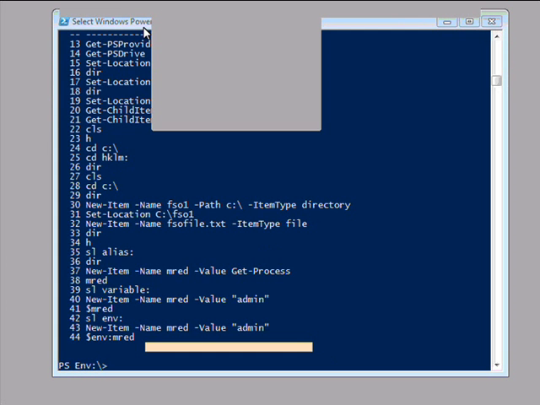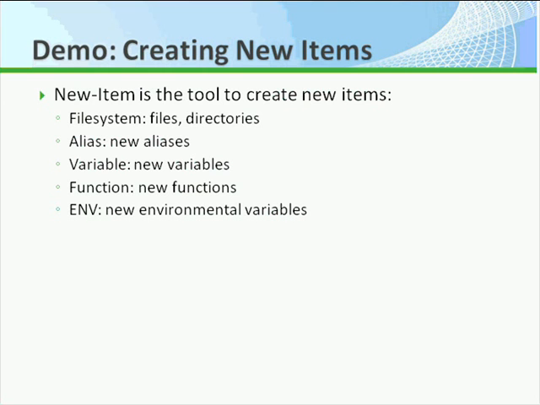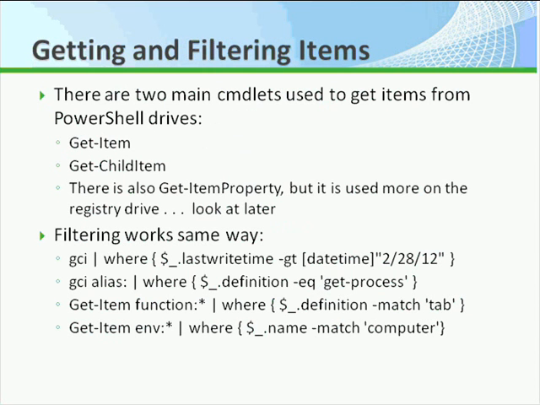So we're going to go back to the presentation. So that was creating new items. So getting and filtering items. We talked a little bit about filtering items yesterday when we were looking at working with the pipeline. And so I'm not going to go over this in as great a detail, but I do want to show you that by using these providers, I can use these same type of commands, get item, get child item, to access data.